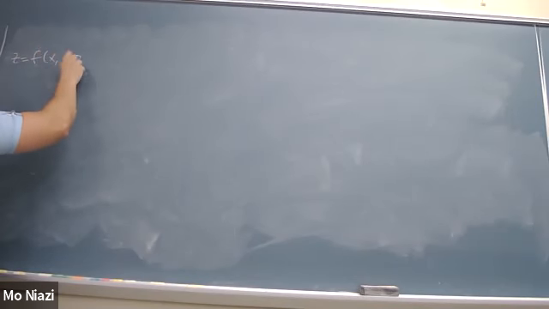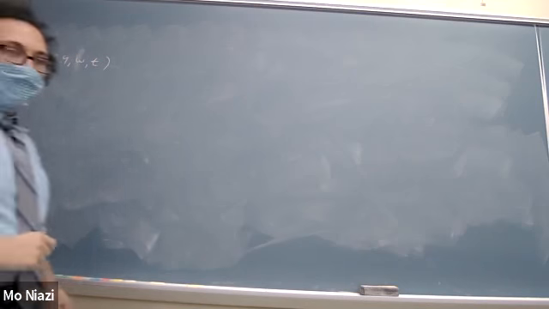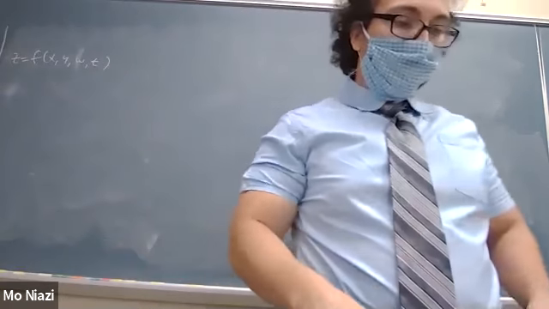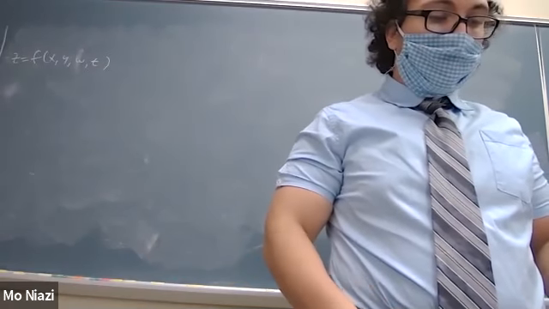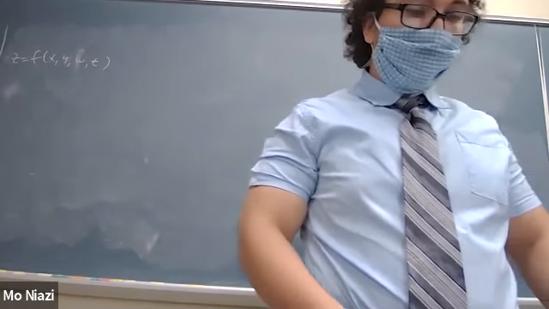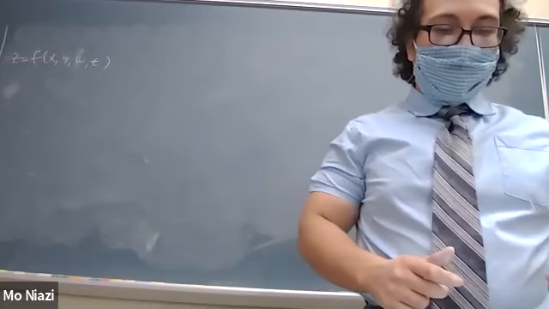What if z is equal to a function of x, y, w, and t? What is the total derivative? Let's actually use x, y, z, t, that's much more intuitive.